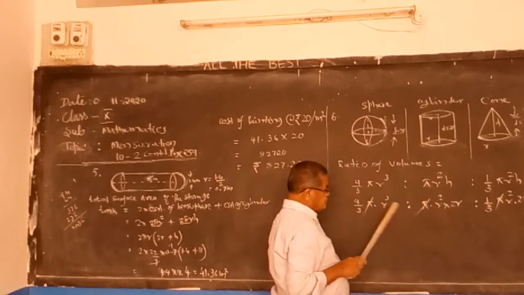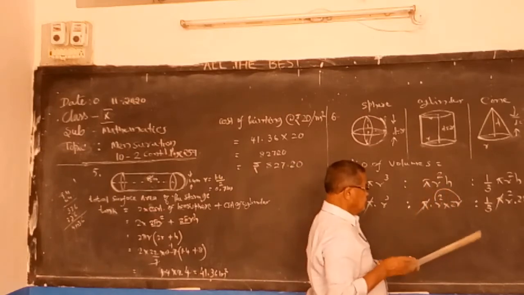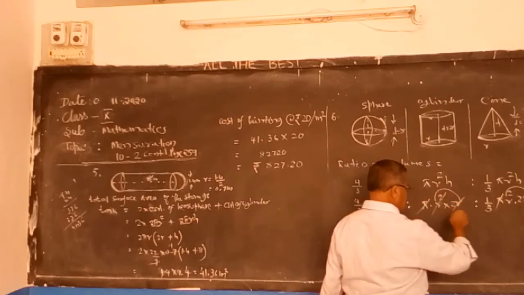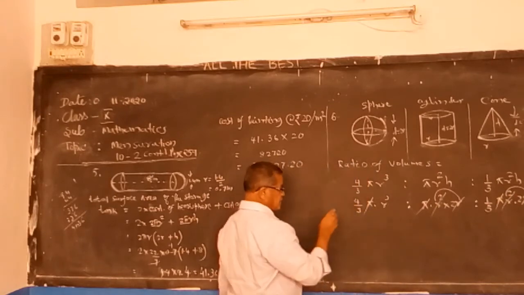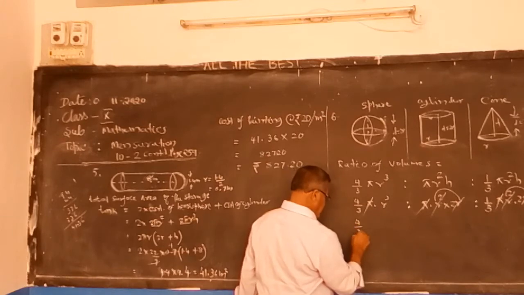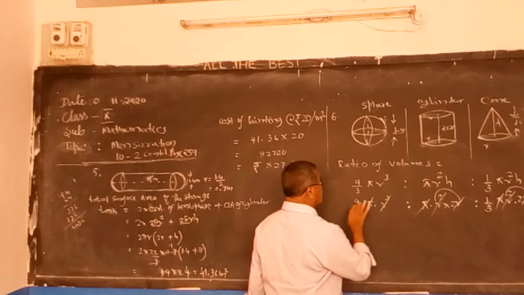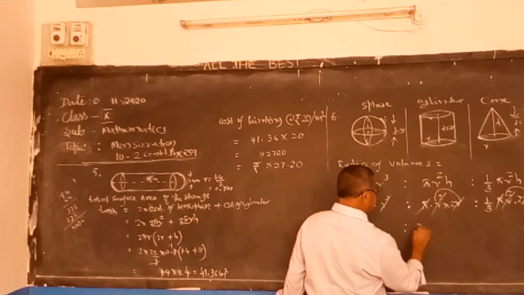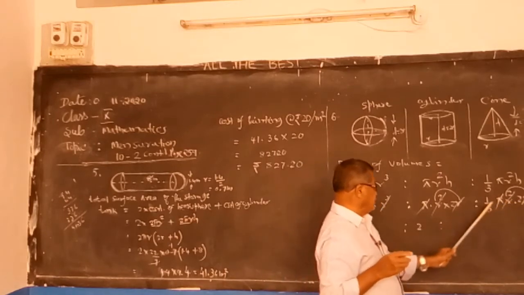Here r cube, and here also r cube, r into r squared. So we can cancel r cube. Now what is left? 4 by 3 here, only 2 left here, and here also 2 by 3.